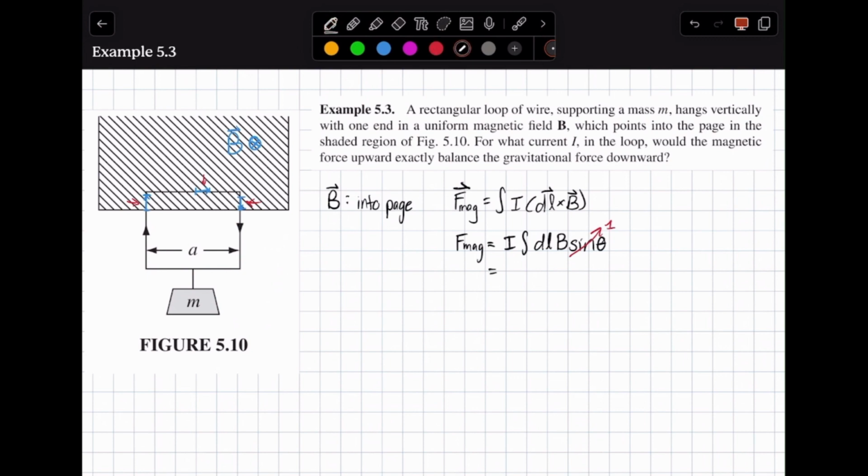If I simplify this down a little bit, we have I up front because it is constant, and we have B up front because it is constant. The integral of dl would just be L, where L is the length of the wire that is within the shaded region, the uniform magnetic field.